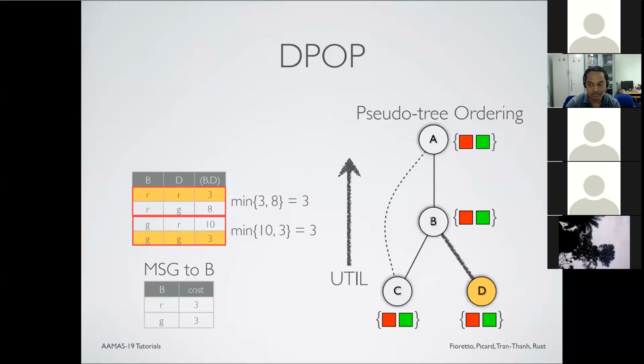So one agent is running at B, one agent is running at D. They are negotiating with each other: if you take red, I will take red; if you take green, I will take green, because that will give you the minimum value. So that will be their negotiation, just like human beings: if you do this, I will do this.